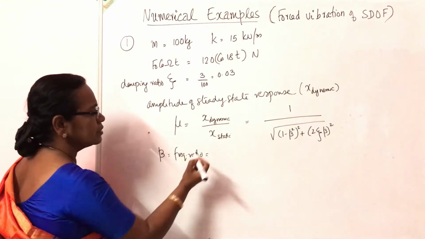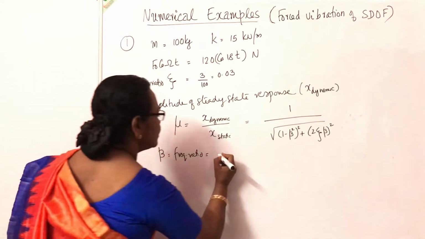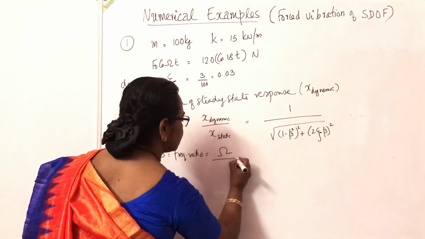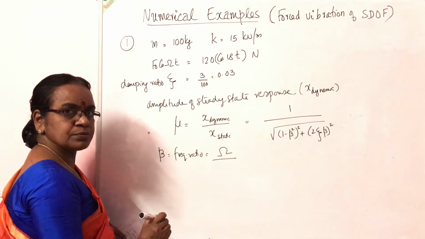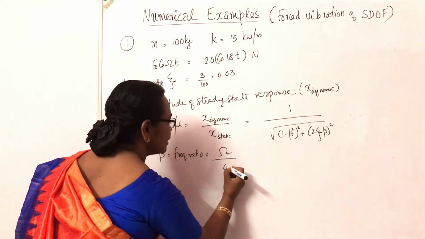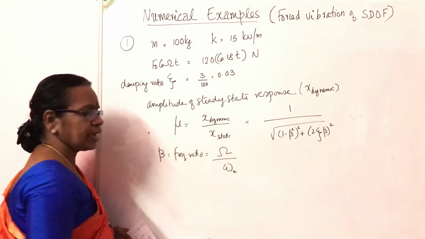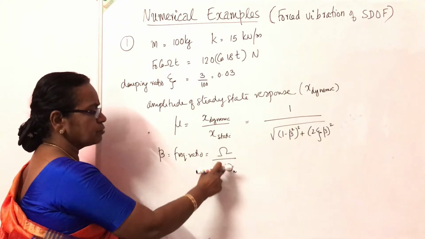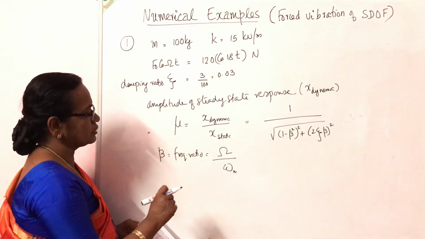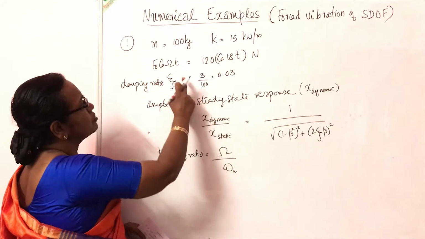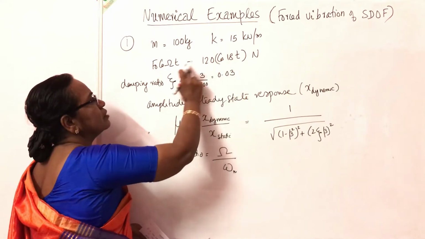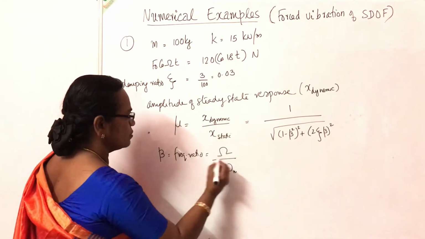Frequency ratio is the ratio of the frequency of the exciting force, capital omega, to the natural frequency of the system, omega n. The frequency of the exciting force is given in the question: omega is 18.